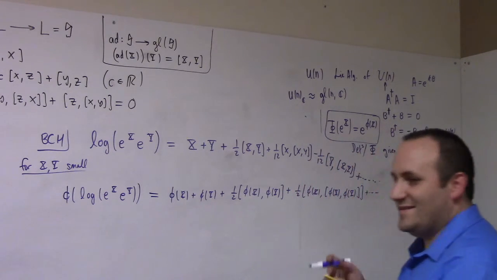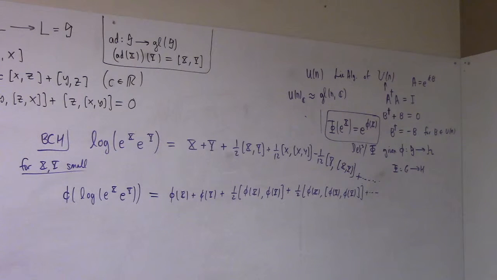The point is, because phi is a Lie algebra homomorphism, it preserves the structure of the brackets, right? But then we can use Baker-Campbell-Hausdorff one more time, because a Lie algebra homomorphism is after all a linear transformation, which is continuous, which means something small stays small, right? So the images phi of x and phi of y are also small because x and y are small.